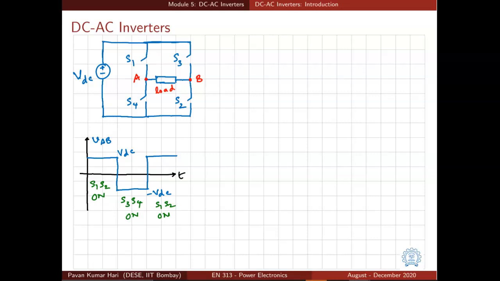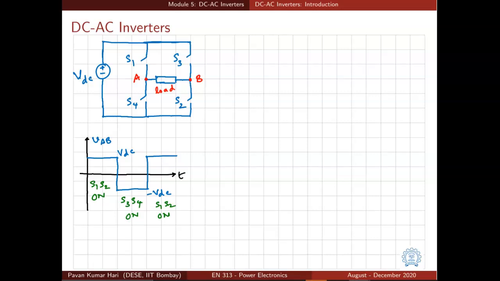So if you want to generate AC voltage, what do you mean by AC voltage? Based on the notion of AC that we have defined earlier, we want to generate a voltage of zero average value. Of course, it should be periodic to have a zero average value.